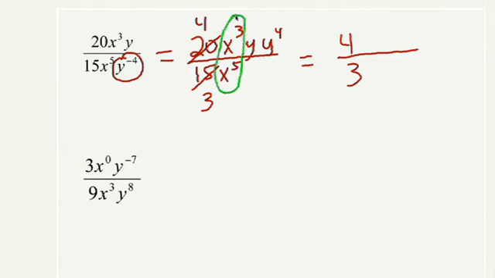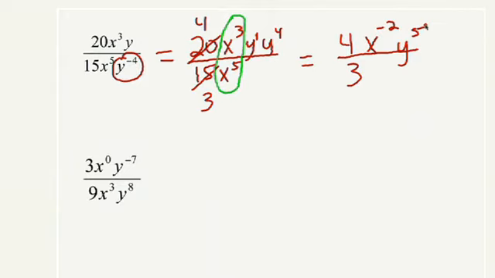I'm dividing the x's, so I subtract the exponents. X to the 3 minus 5 power is x to the minus 2 power. 3 minus 5 is 3 plus negative 5. Finally, up here, looking at the y's, y to the 1st times y to the 4th is y to the 1 plus 4, or 5th power.